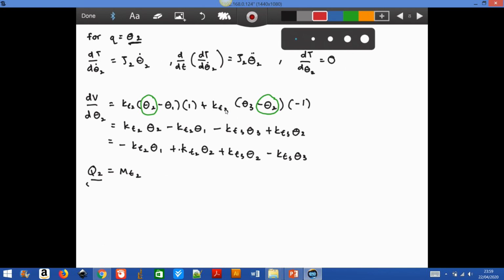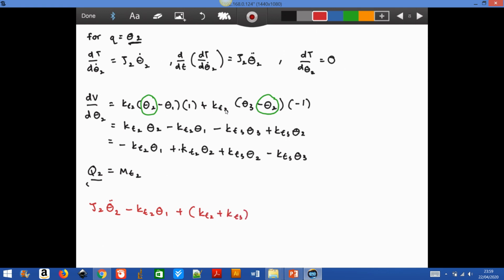Thus the equation of motion would become J2 theta double dot 2 minus kt2 theta 1 plus (kt2 plus kt3) theta 2 minus kt3 theta 3 equals to Mt2.